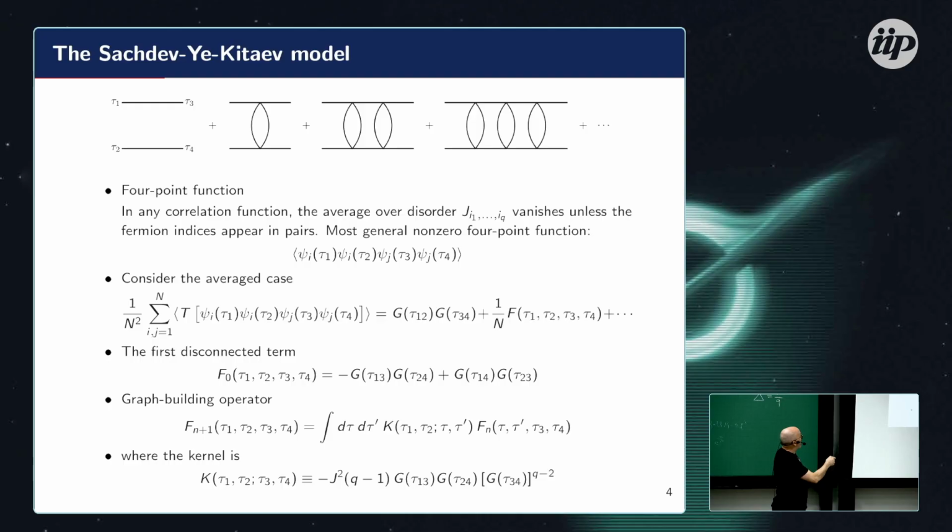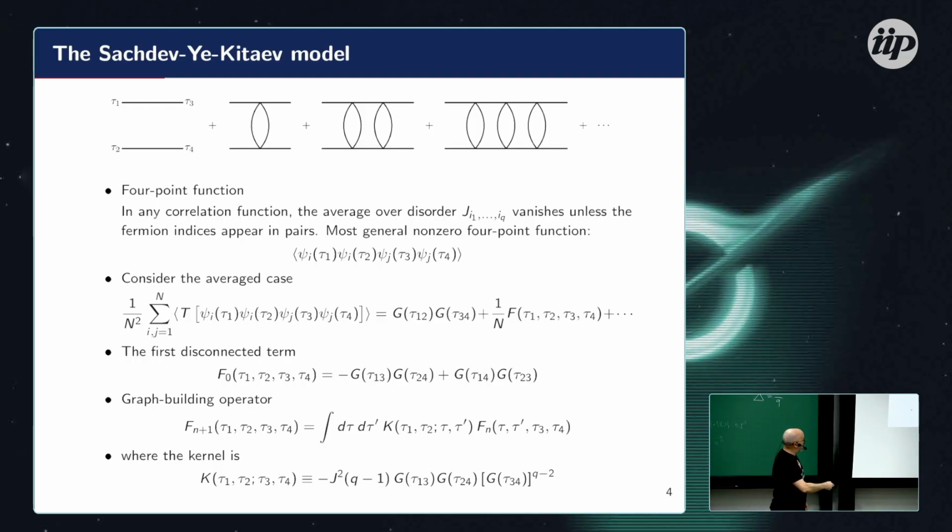So if I have a diagram like that, how do I get the second one? Well, I have to use a graph building operator, which is this integral operator. Basically, I'm adding one rung to this ladder. Okay, so I have to integrate over this time here and that time there. These are these two integrals. And so this takes this F_n diagram and then creates the F_{n+1} ladder diagram with one extra rung.